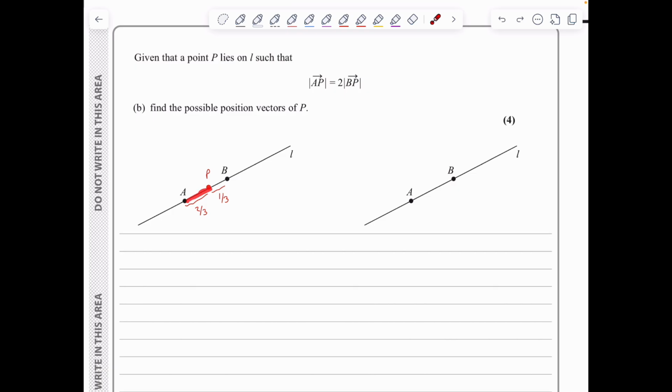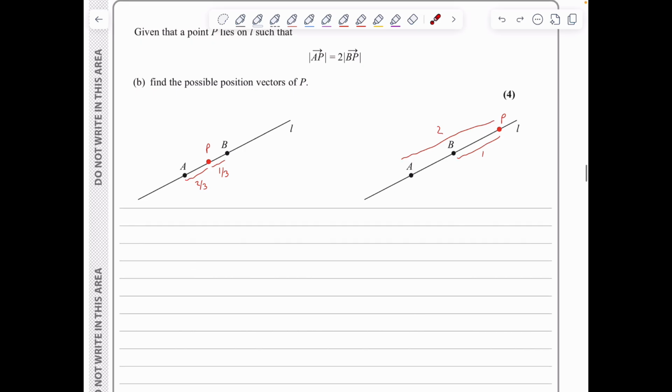So AP is 2/3 of AB and PB is 1/3 of AB. Or alternatively, P is further along the line somewhere here, so that AP here is twice the distance BP. So these are the two scenarios I need to consider.